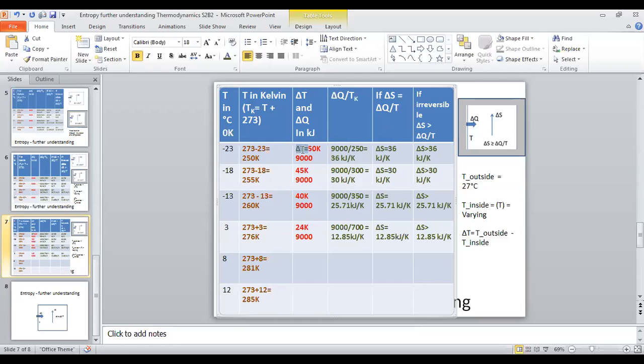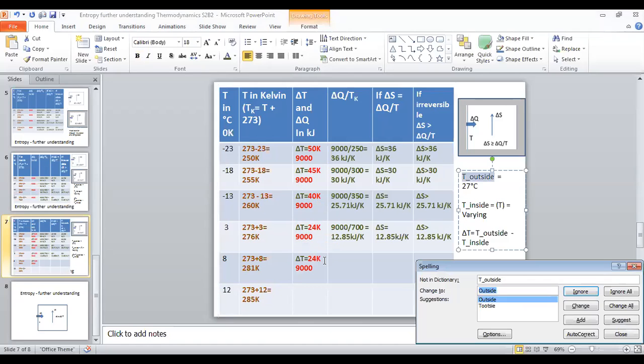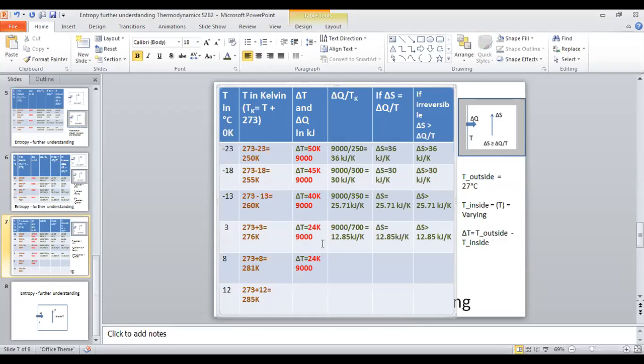K means Kelvin. 27 minus 8, this is 19 K. 27 minus 12, delta T is 15 K.